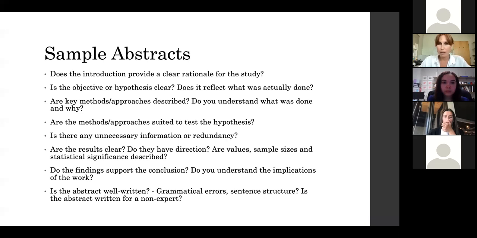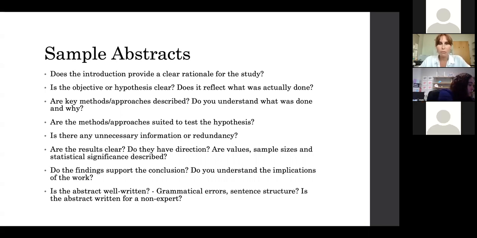Is there any unnecessary information or redundancy? Are the results clear? Do they have a direction to them? Are there values, sample sizes, and statistical significance described? Do the findings support the conclusions? And do you understand the implications of the work? What about the overall writing quality of the abstract, or any problems with sentence structure? Is the abstract written for a non-expert?